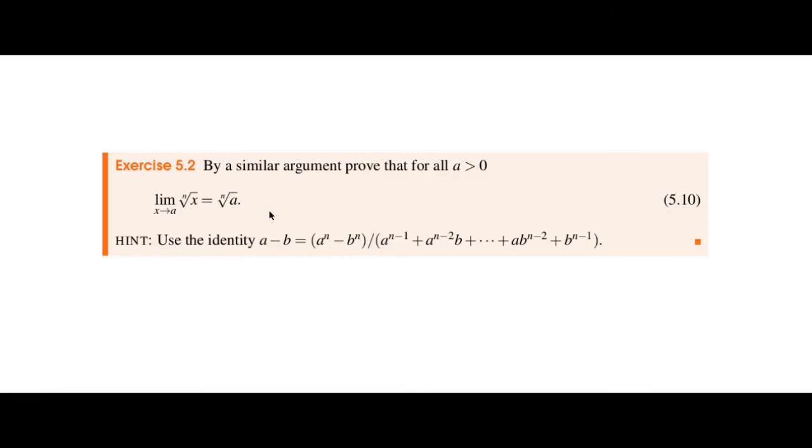Now you can try and use the same argument in order to prove that the limit when x goes to a of the nth root of x is the nth root of a, using kind of the same argument and this identity that we have seen before, and it comes up over and over again because it's very useful. So try to do it on your own.